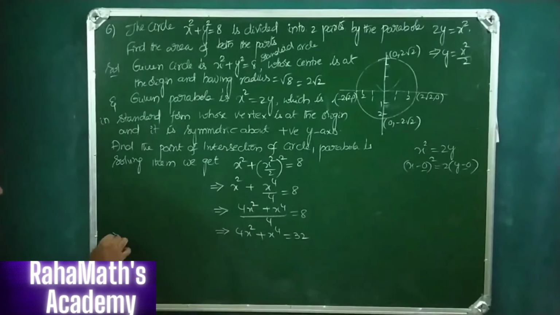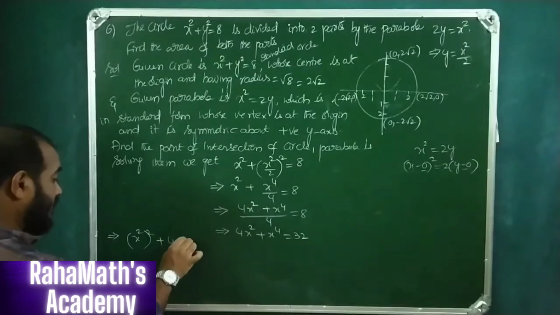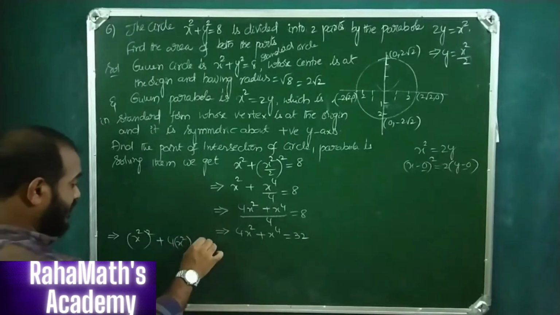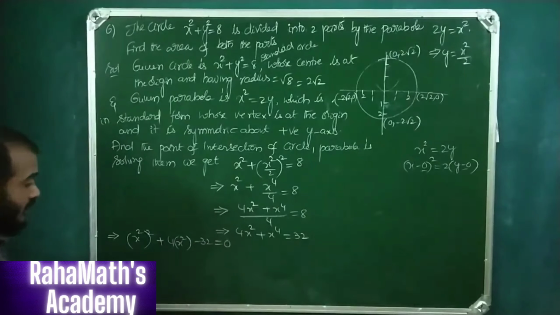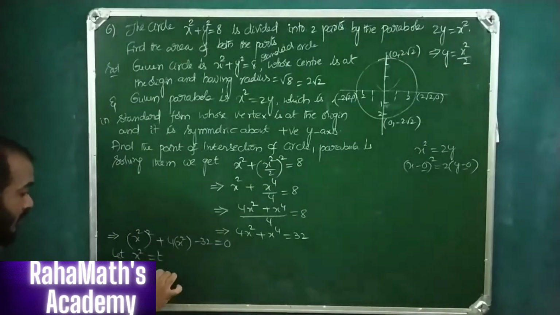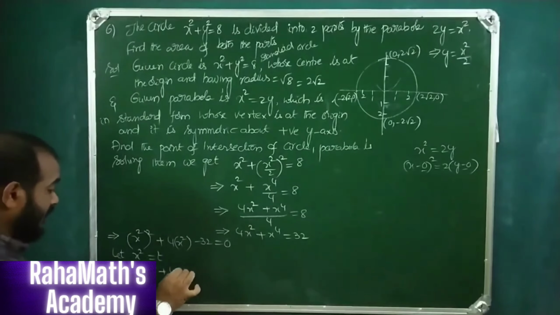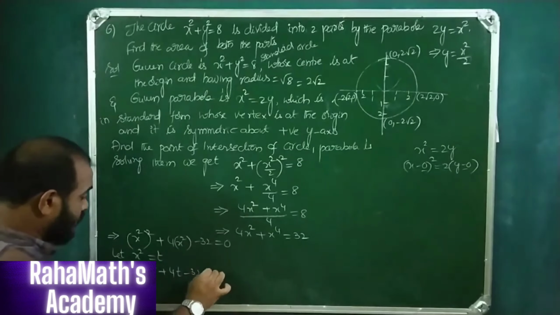This implies x square whole square plus 4x square minus 32 equals 0. Let x square equal t. This is t square plus 4t minus 32 equals 0.